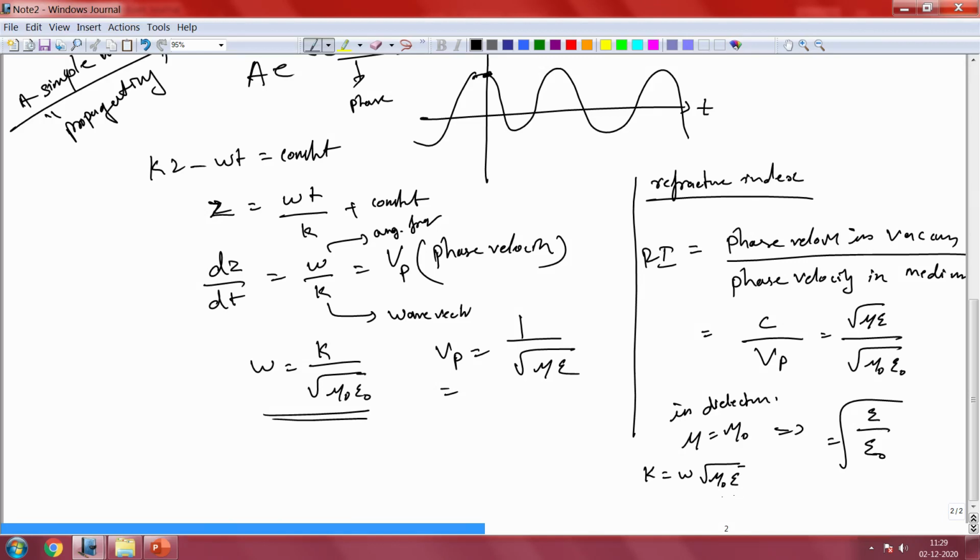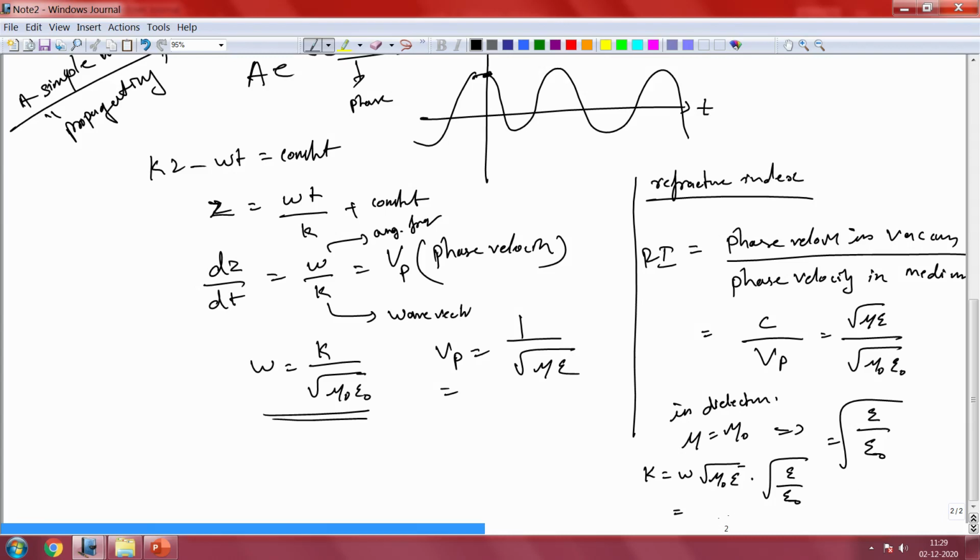So if this is the case, then you can represent it as omega times root of mu naught epsilon naught, all right. Oh no, I think I made a mistake here. So this is basically root of epsilon over epsilon naught, all right.